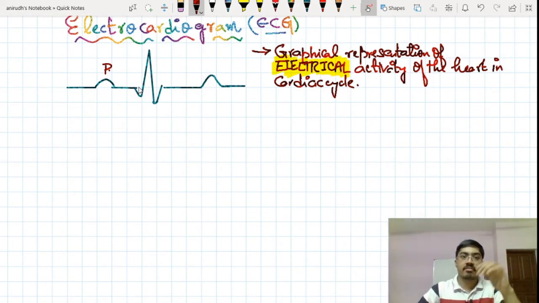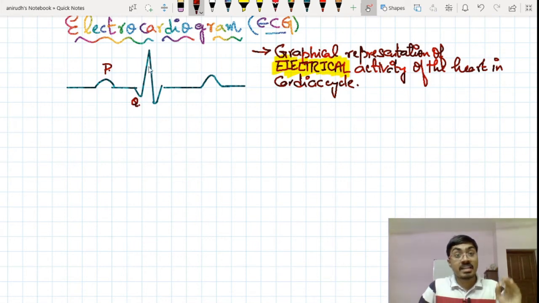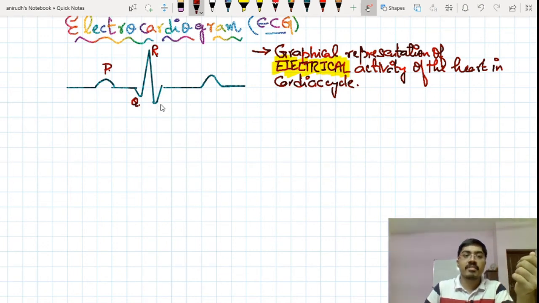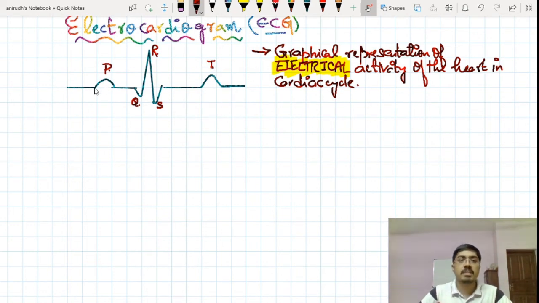This is the negative wave, a very small negative wave called the Q wave. This is the biggest, largest positive wave, the R wave, and then you have a negative wave again, the S wave, and finally you have a T wave. The T wave is bigger than the P wave. Just see, the height is more than the P wave.